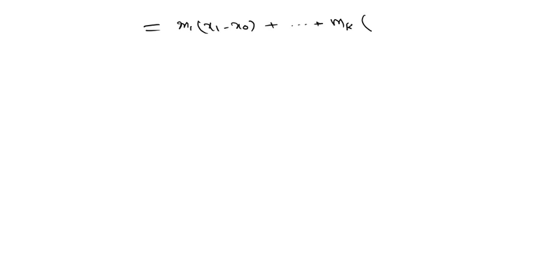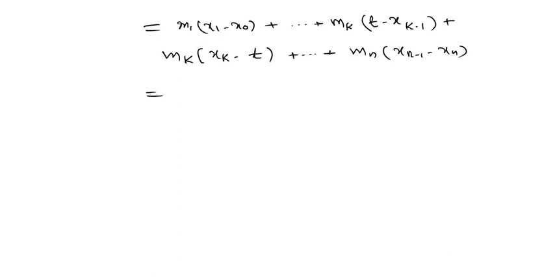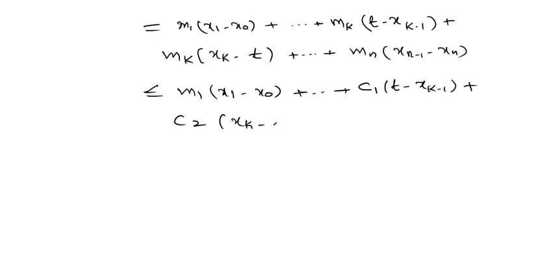First you write here (t minus xk minus 1), then mk times (xk minus t), plus mn times (xn minus 1 minus xn), and this one is, now it's less or equal, in fact it's less or equal to m1 times (x1 minus x0) plus c1 times (t minus xk minus 1) plus c2 times (xk minus t) plus mn times (xn minus xn).